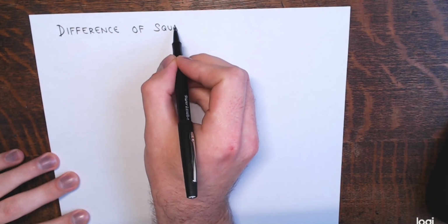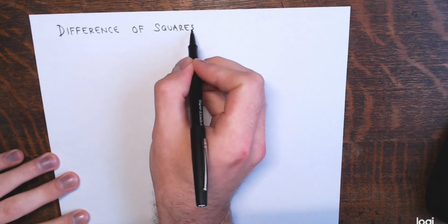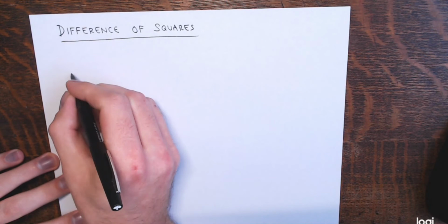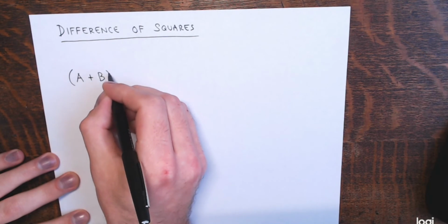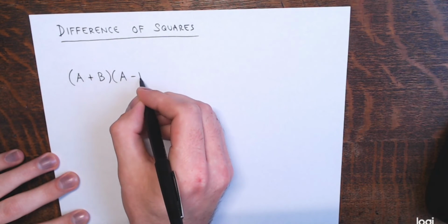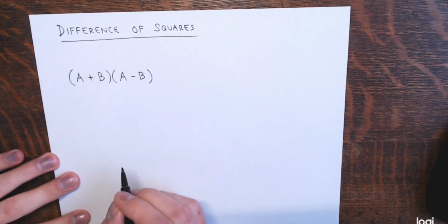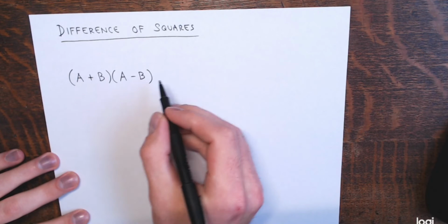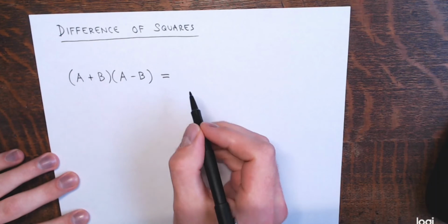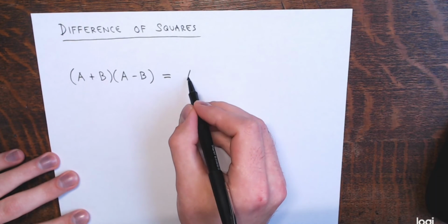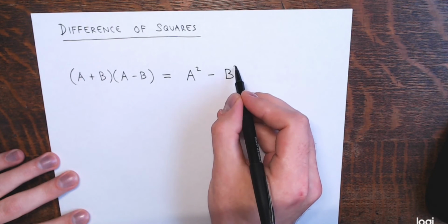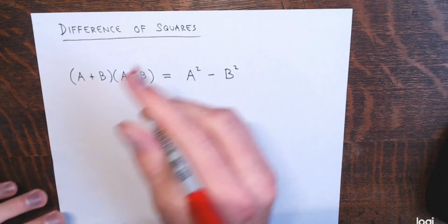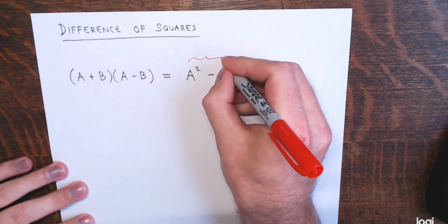Again, I'll write it the way we remember. Remember, if you take two conjugates, a plus b times a minus b, these were called conjugates, a plus b, a minus b, a minus b, a plus b. If you multiplied two conjugates, you ended up with a squared minus b squared, right? And this expression here on the right side, this is what they call a difference of squares.